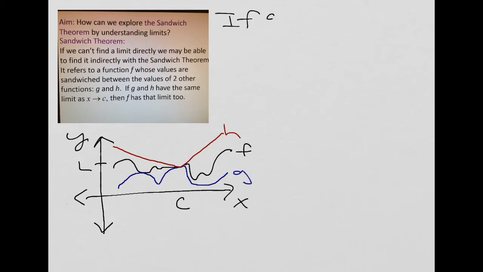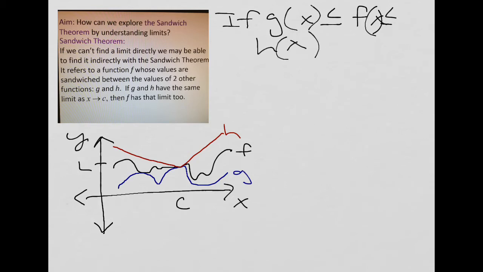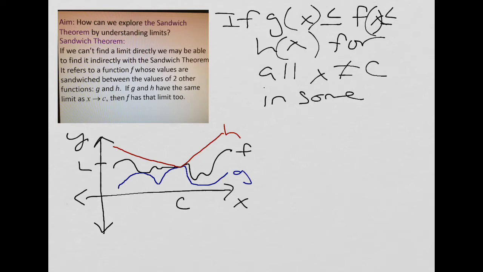If g of x is less than or equal to f of x, which is less than or equal to h of x, we have this compound inequality for all x that is not c, in some interval about c.